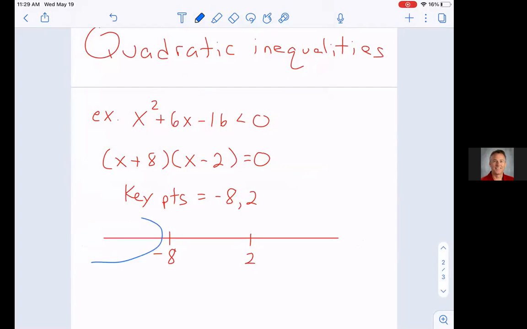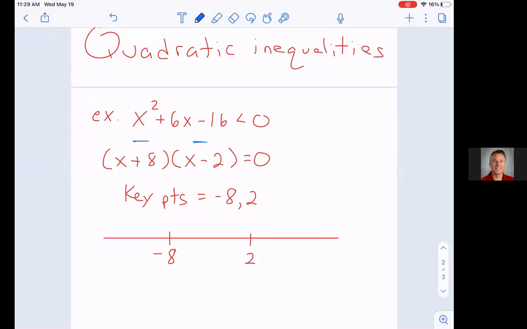So I'm going to pick a number way to the left of -8, like -1 million. I make it extreme because I only care if it's positive or negative. If I plug -1 million in for x there, -1 million plus 8 is negative. And -1 million minus 2 is also negative.